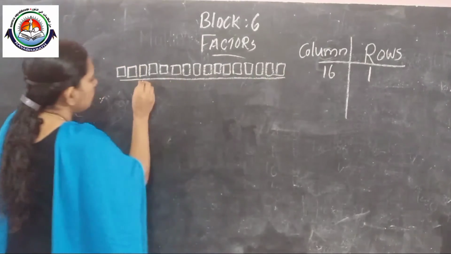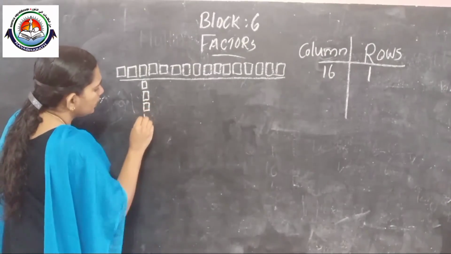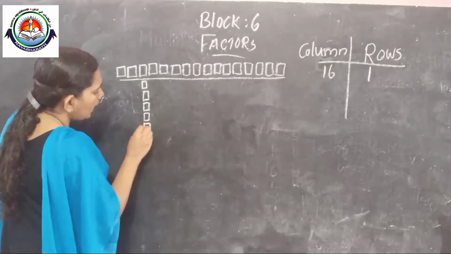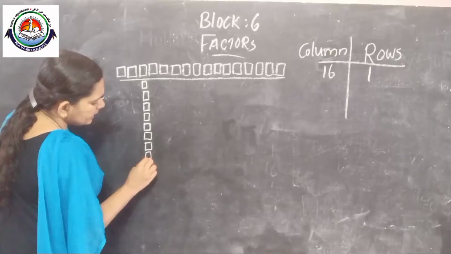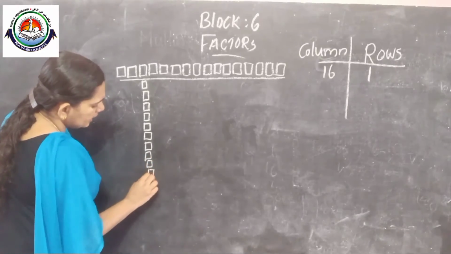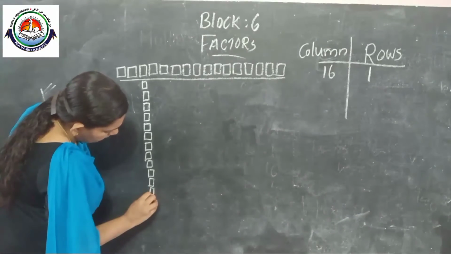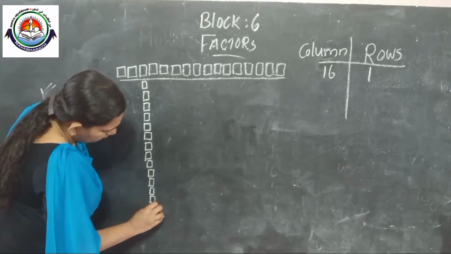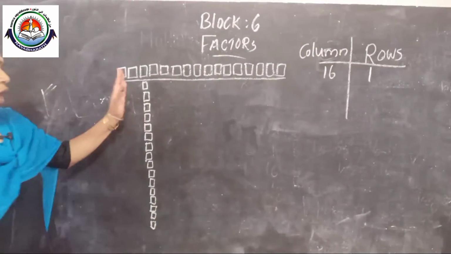Next I arrange the paper slips this way. This is one method. Second method, 1, 2, 3, up to 16. Here look, how many columns?